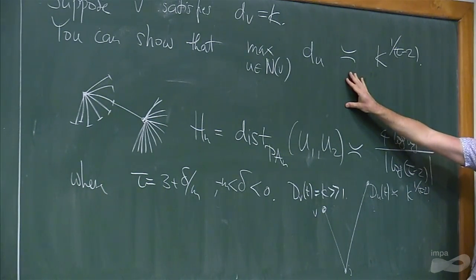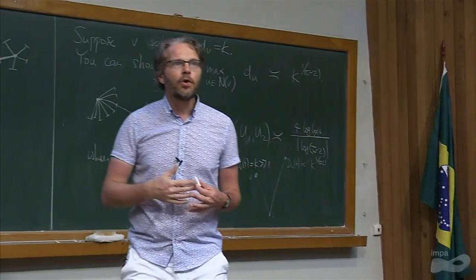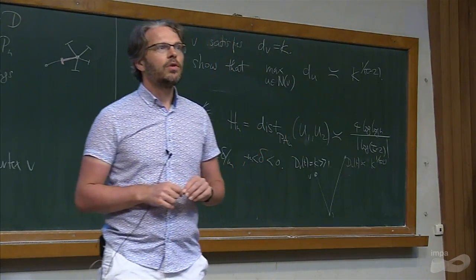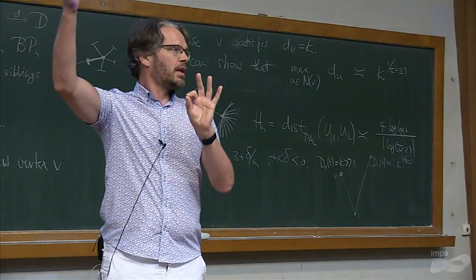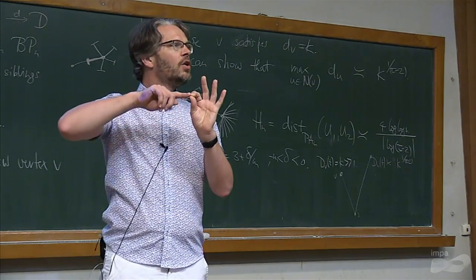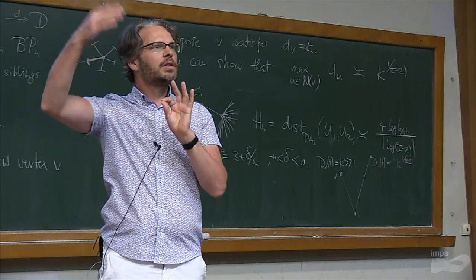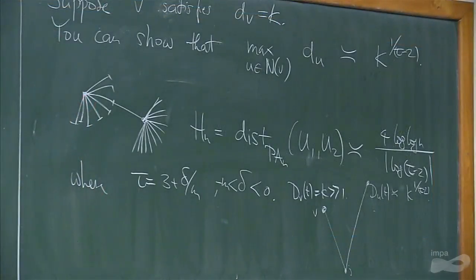So that already says something about the difference in topology between the preferential attachment model and a configuration model, when tau is between 2 and 3. In the configuration model, short paths go between vertices of very high degree, and you connect from a vertex which has high degree to a vertex which has much higher degree in one go. Whereas in the preferential attachment model, there seems to be some alternation. You have a vertex of high degree, it's connected to some vertex that probably has very low degree, might even have degree m.